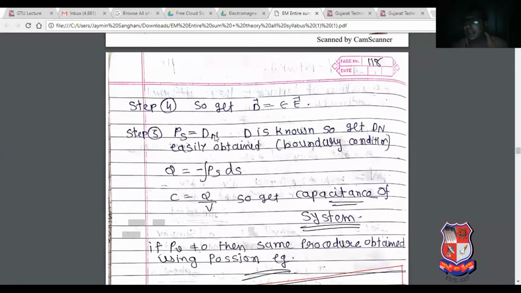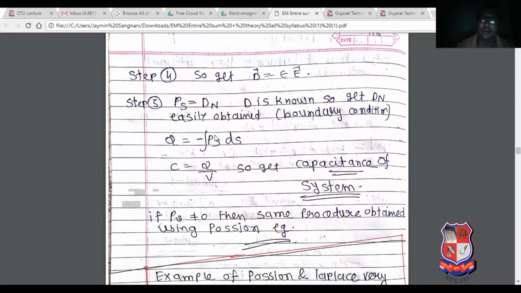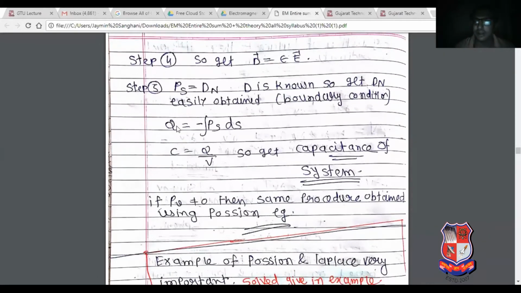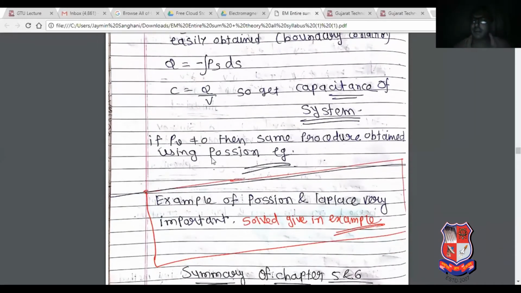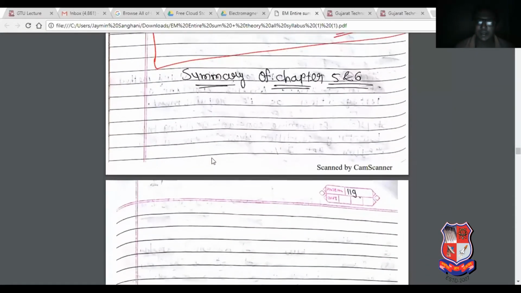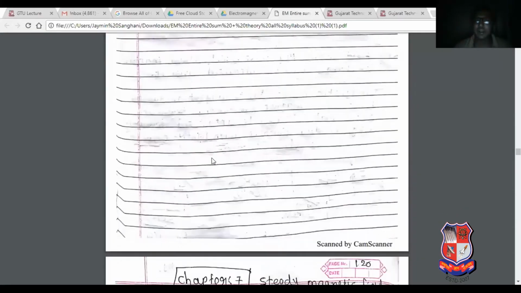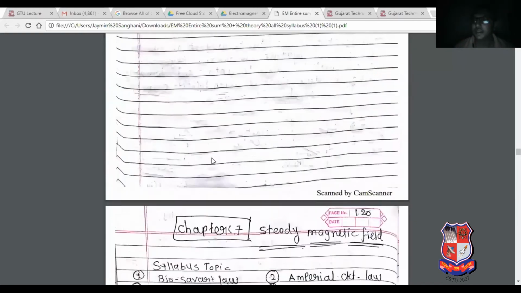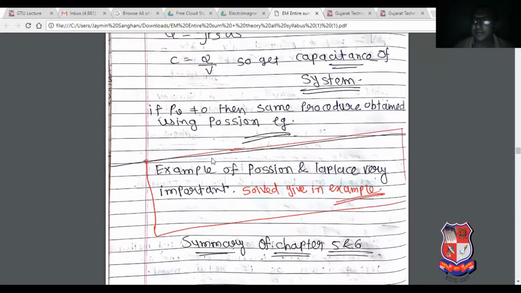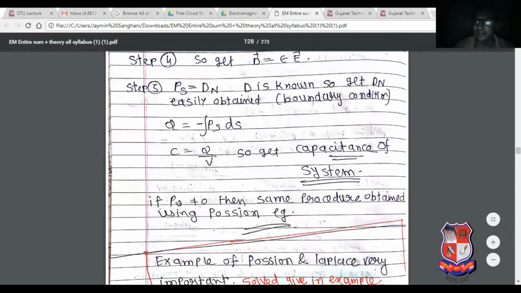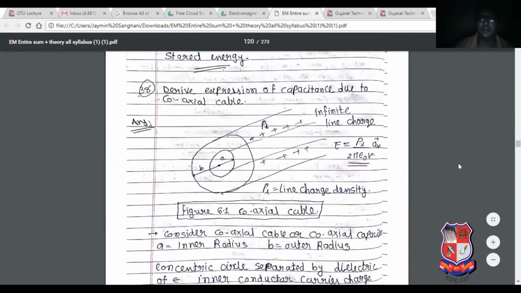So if you integrate, Q equal to surface integral of rho S ds, so C equal to Q by V. Directly put whatever value is obtained here. So it is known as capacitance, which can be found with the help of the Poisson-Laplace equation. So it is considered a fundamental concept related to the Poisson-Laplace equation and its applications.